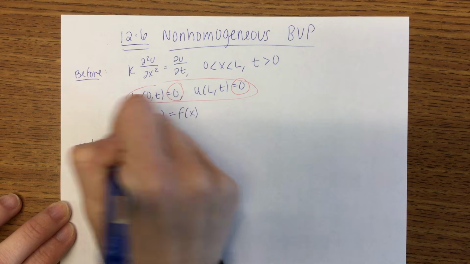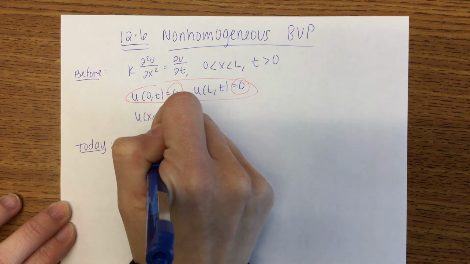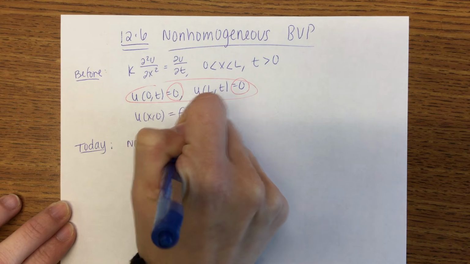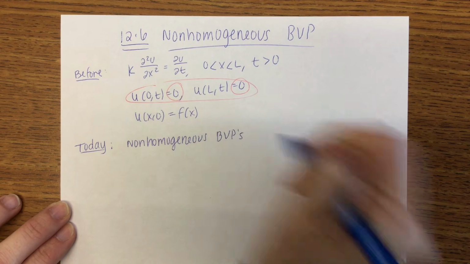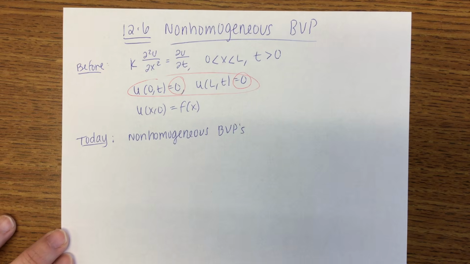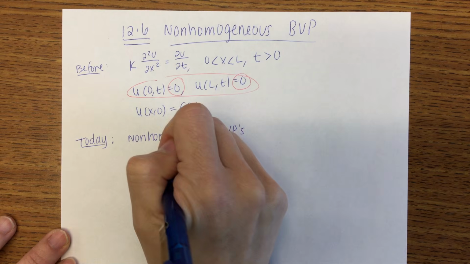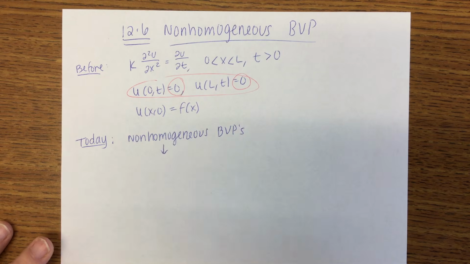Today, like I already said, we're looking at non-homogeneous boundary value problems. There are two different meanings for non-homogeneous, or two different possibilities.